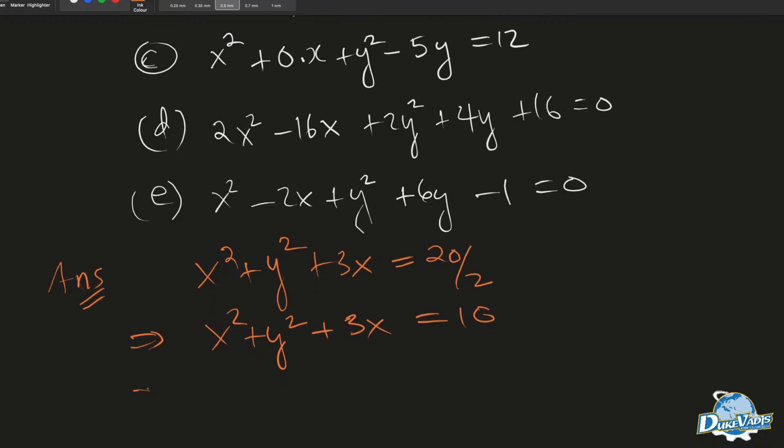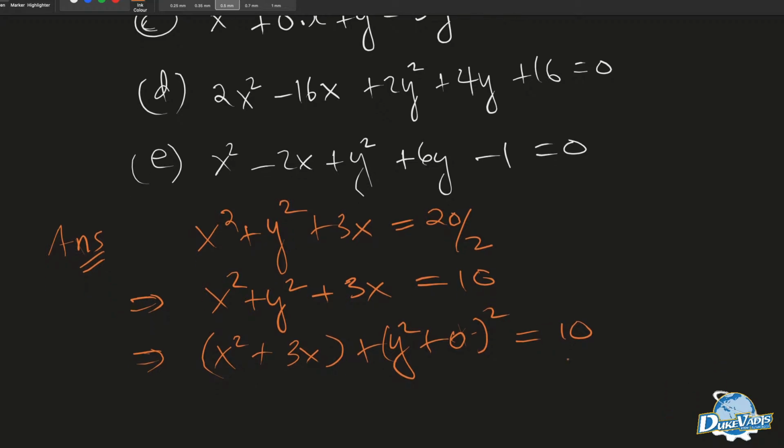Then when we put this together, we say x squared plus 3x, and we have y squared plus 0 squared, is equal to 10.